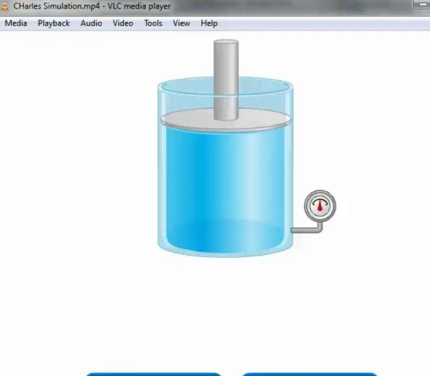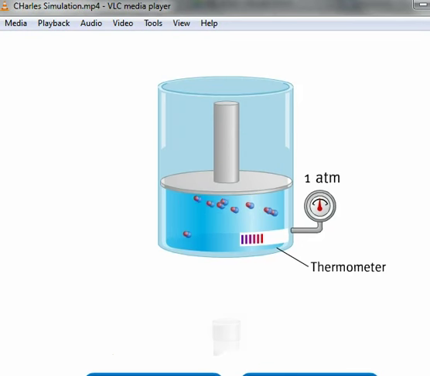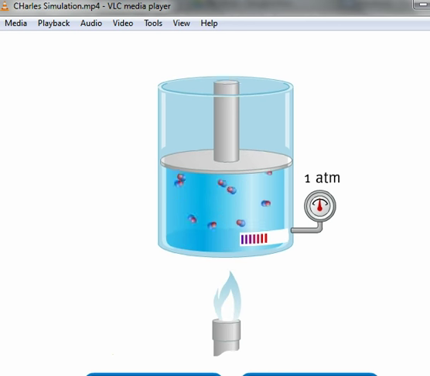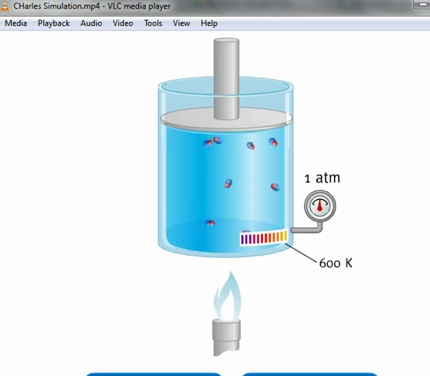In this simulation, we are going to see what happens to the volume of the gas when we heat up a fixed quantity of gas while we maintain pressure constant. Here we see that the temperature of this gas is 300 Kelvin, the pressure is 1 atmosphere. We heat up the gas to 600 Kelvin. That's a doubling of Kelvin temperature, doubling of the kinetic energy, and that has doubled the volume.